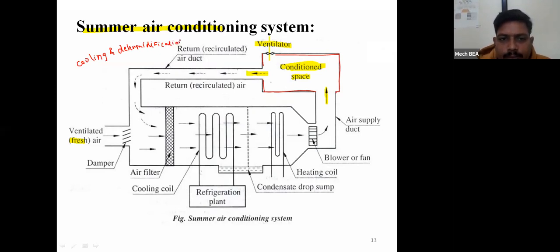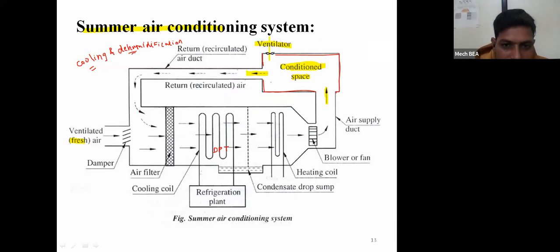That means we have to cool the air as well as remove the moisture particles. That's why we are maintaining the cooling coil temperature less than the dew point temperature of the entering air, the mixed air.